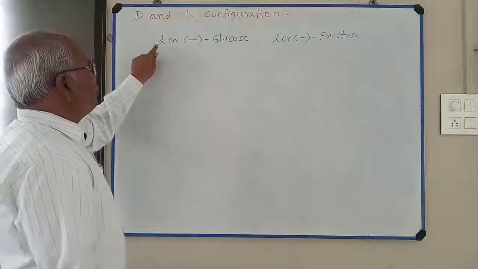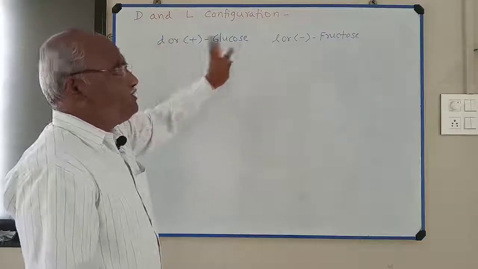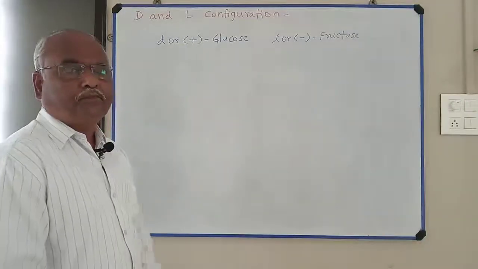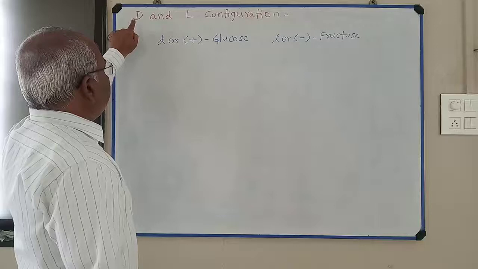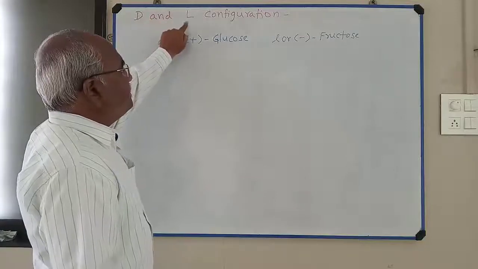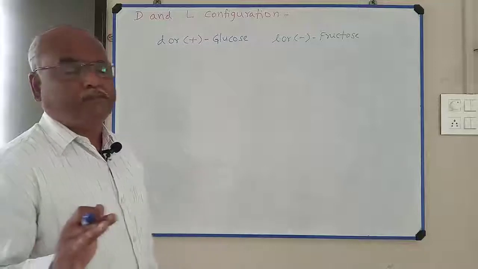So D means dextrorotation and L means levorotation. We are going to study D and L configuration in sugars.